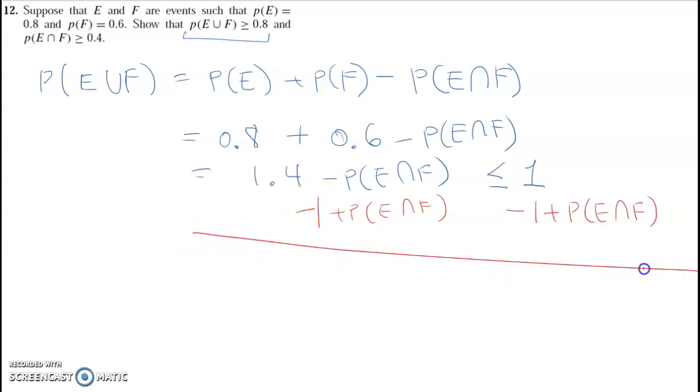If I do this, I have 0.4 is less than or equal to probability of E and F. And there you go. We have just proved that this is true given our probabilities.